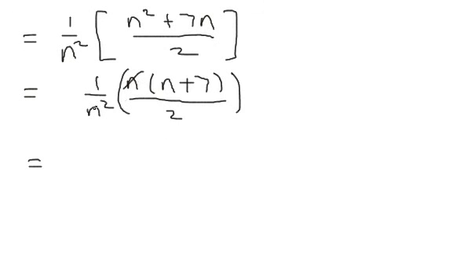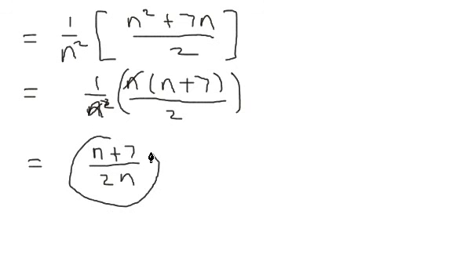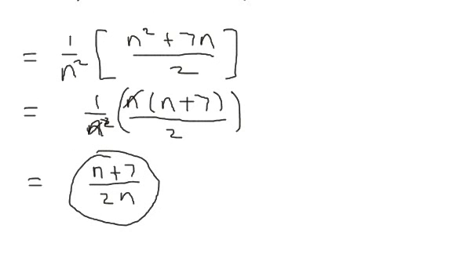So we can cancel one of these n's out. We're just left with one n down here in the bottom. So we end up with n plus 7 over 2n. So finally, all that stuff was equal to n plus 7 over 2n.